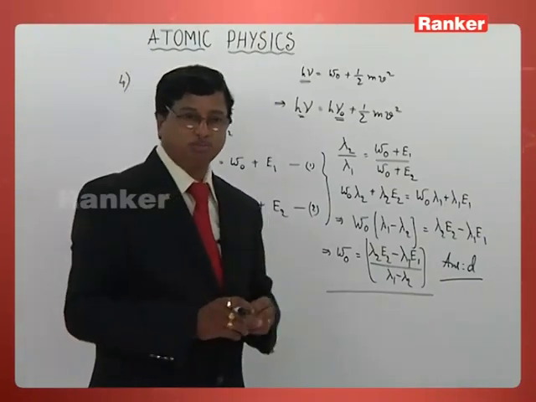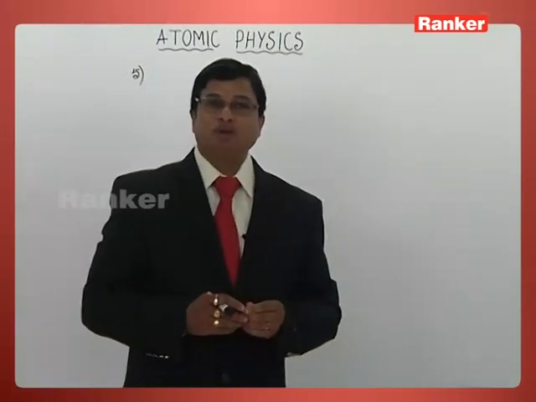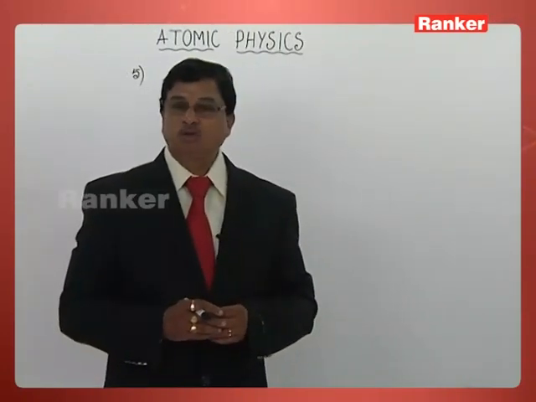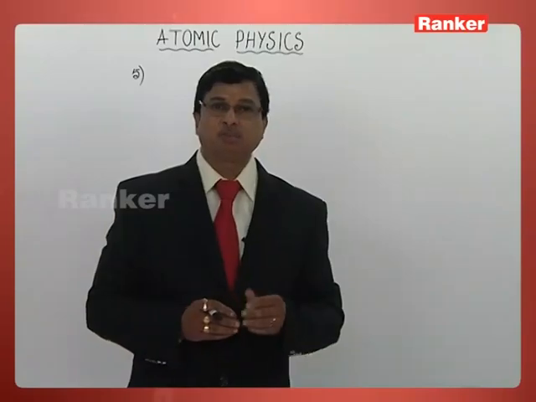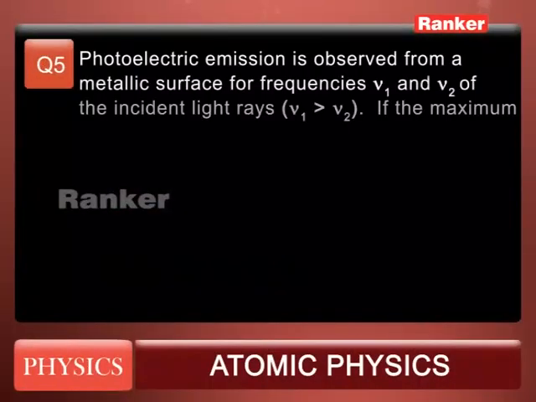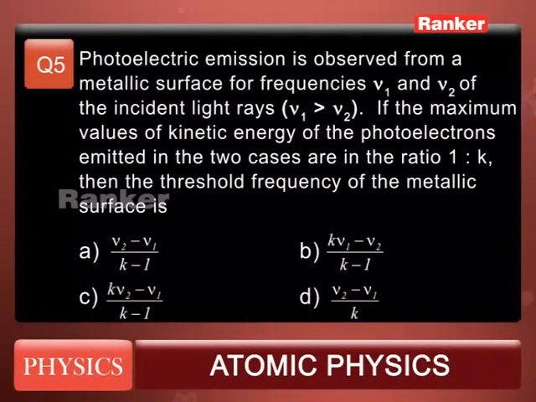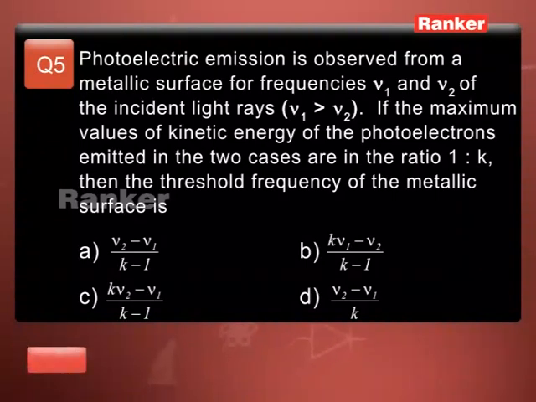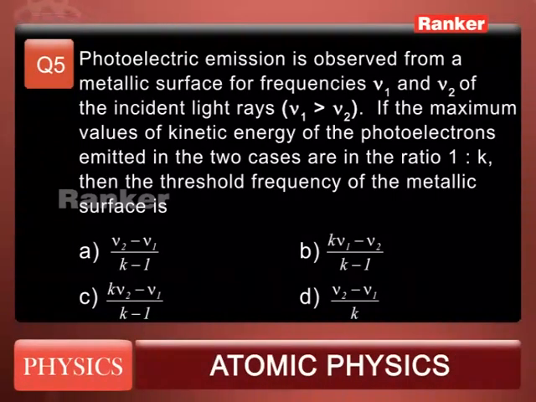That is the fourth problem. Let us check one more problem based on photoelectric emission only, that is problem number 5. Photoelectric emission is observed from a metallic surface for frequencies nu1 and nu2 of the incident light rays, out of which nu1 is greater than nu2.